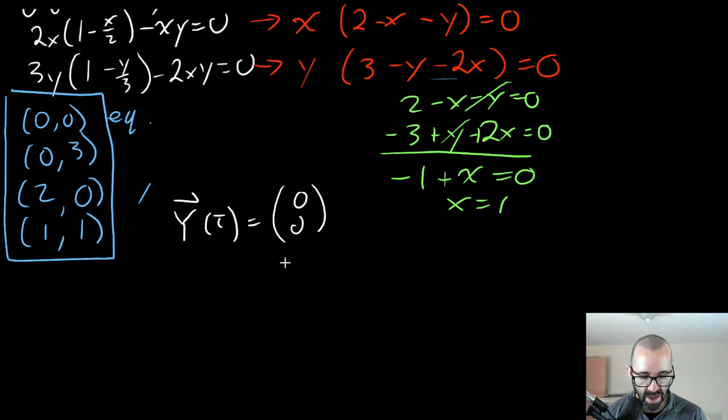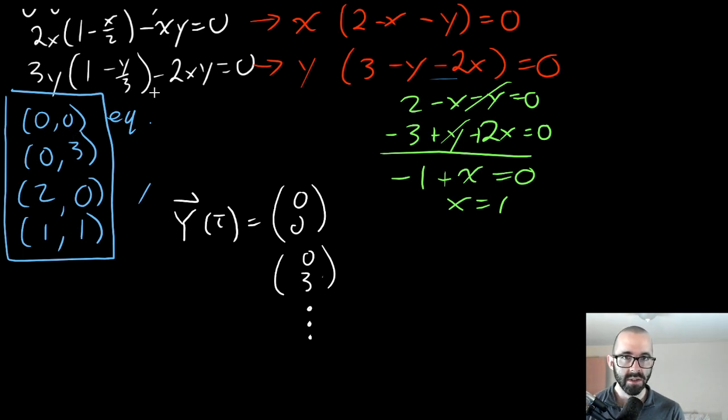There's other ones as well, 0, 3, right? However we want to write these. We have multiple equilibrium solutions, and they are just the constant functions equal to the equilibrium points. And again, the notation the book uses is a little ambiguous whether you're talking about points or vectors. Technically, these are all vectors.